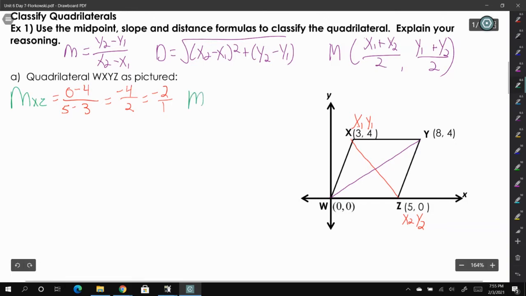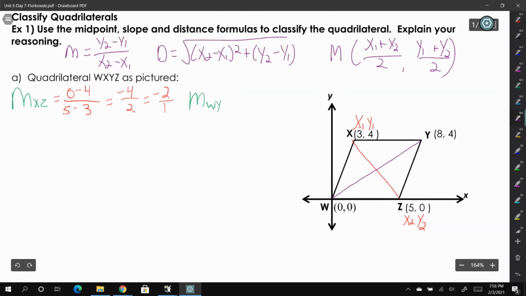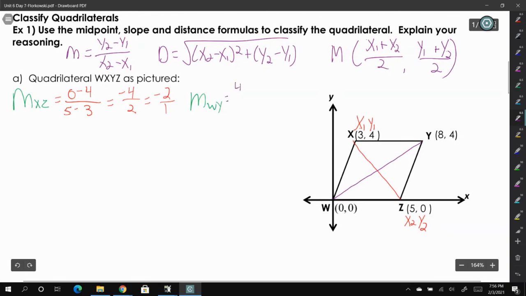Now we're going to find the slope of WY. So that is going to be 4 minus 0 over 8 minus 0, which is 4 over 8, which equals 1/2. So these two numbers here are opposite reciprocals.